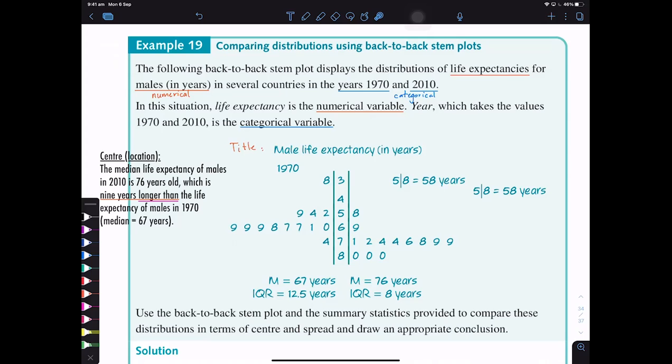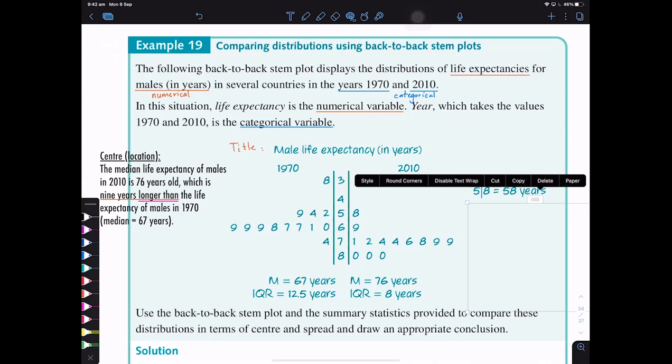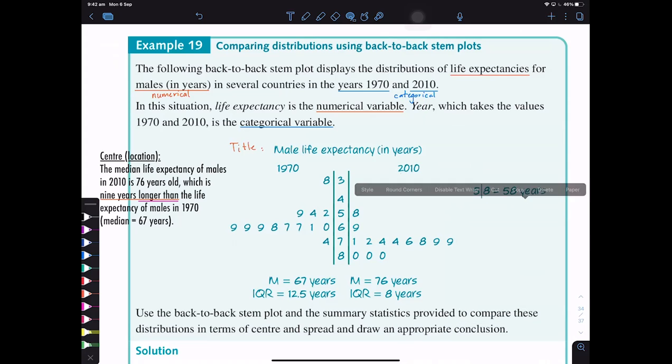The difference of male life expectancy between different countries is less than what it used to be. Different countries? But is it countries? Yeah, it's several countries, in the countries that have been recorded. Where does it say that?